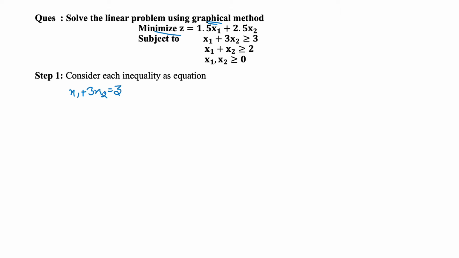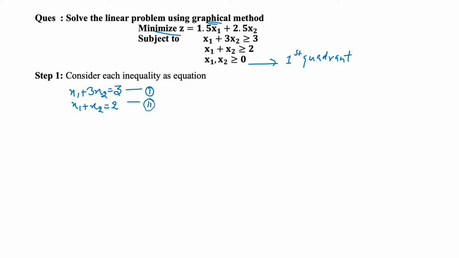Next I have x1 plus x2 equals 2. So these are the 2 constraint equations I have, and this defines the first quadrant, so our feasible region will be in the first quadrant.